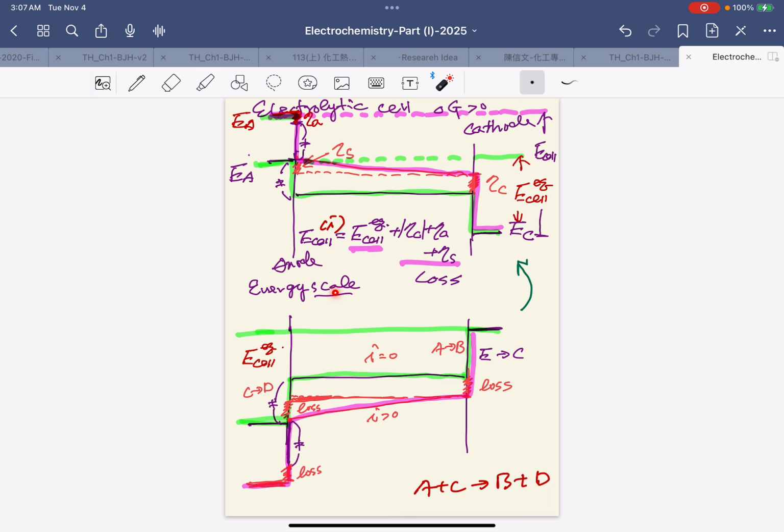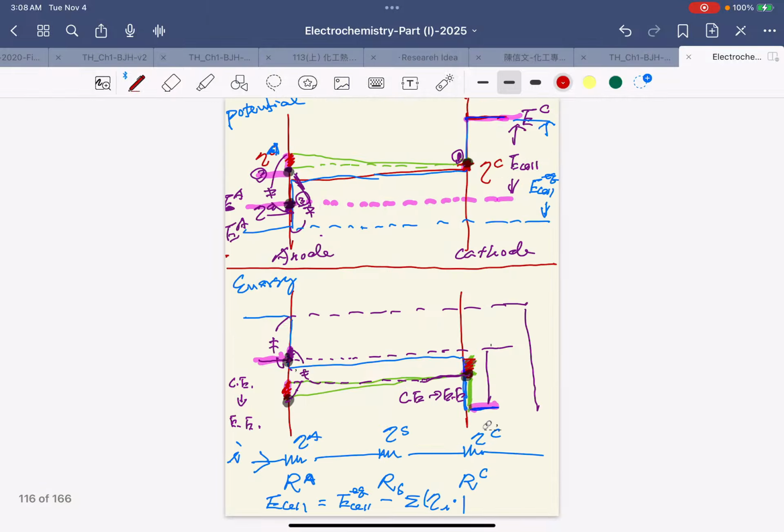That is an electrolytic cell, because you convert electric energy to chemical energy. So the E cell is always larger than the equilibrium E cell, because you need more energy than thermodynamics desires.